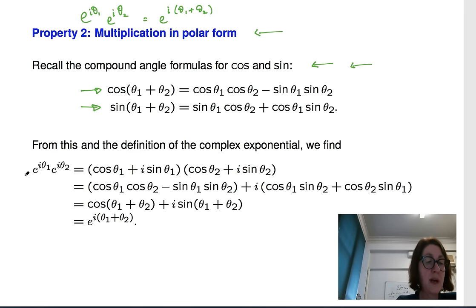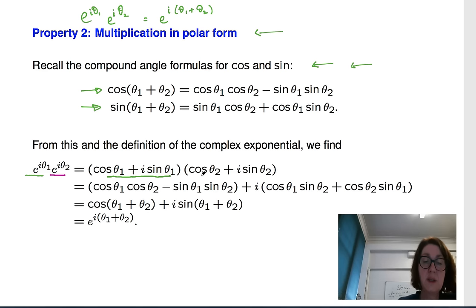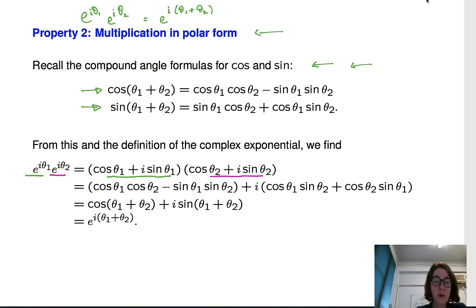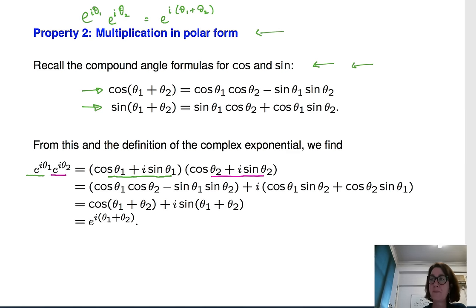So we're starting off with e to the I theta 1. By definition, that's cos theta 1 plus I sine theta 1. And e to the I theta 2 by definition is cos theta 2 plus I sine theta 2. And we're going to multiply those two brackets out and see what we get.